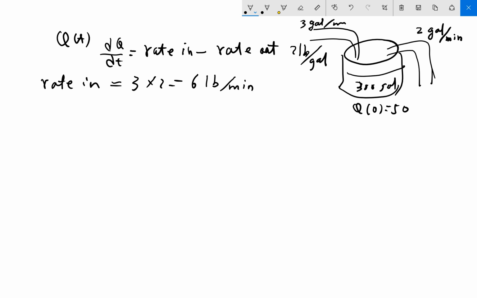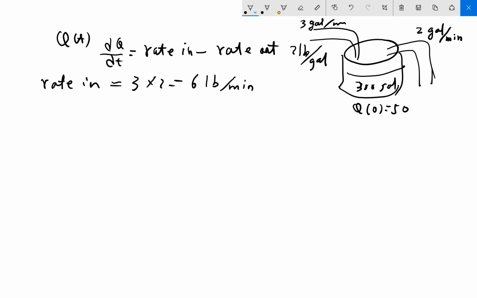So to find the rate out, again, we need to know the concentration of the solution getting out. The concentration is the total number of pounds of salt in the tank divided by the total gallons of liquid. In the previous case, the total number of gallons in the tank was always 300. Now this problem is different because we have 3 gallons per minute getting in and 2 gallons getting out.